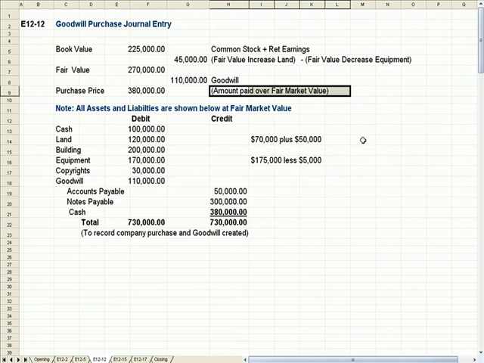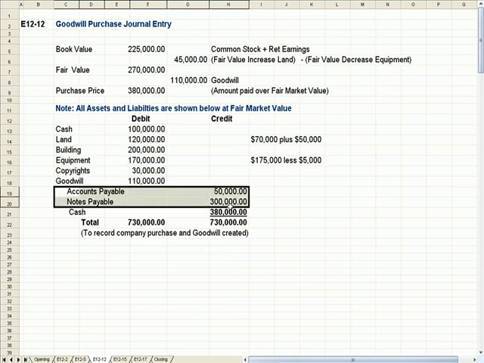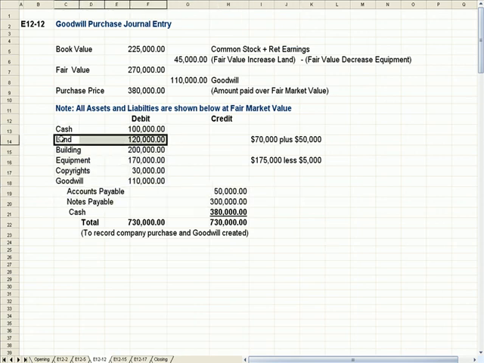So the journal entry would be, we're going to debit all the assets and credit liabilities for their fair value. Land was increased to $70,000. Equipment was decreased.